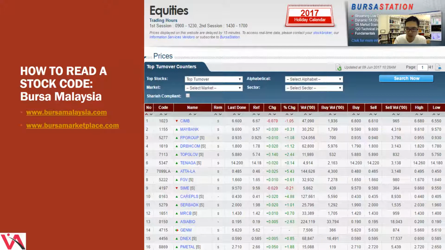REM is again the remark, where they show you if short selling is actually available for the stock. So you can see that most of the stocks are available for short selling. Short selling, again, for those who might not know, is basically a trade that you might make if you predict that the share price will decline in the future.